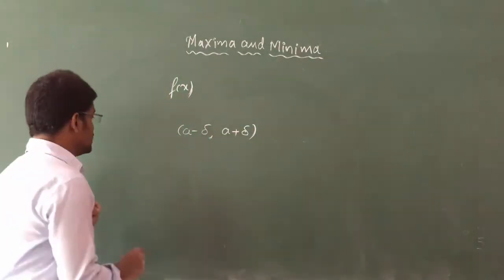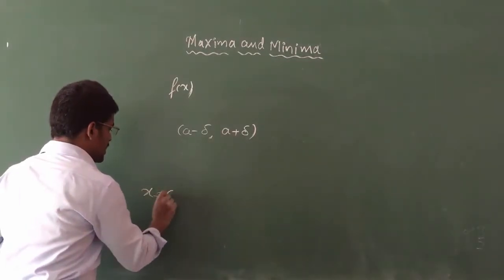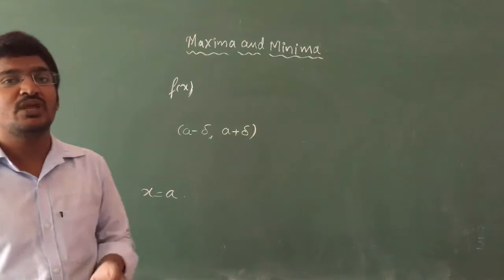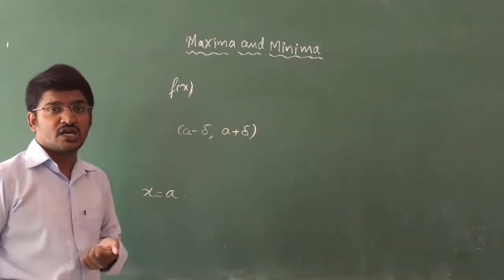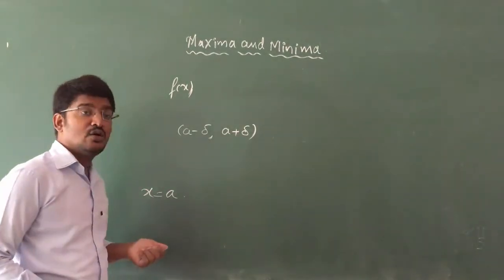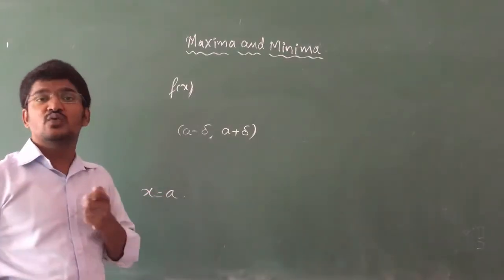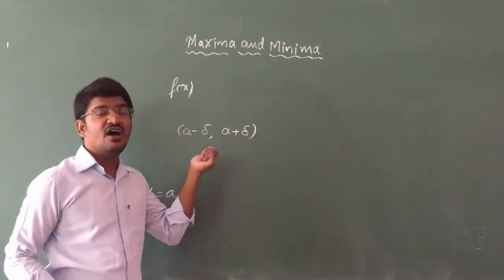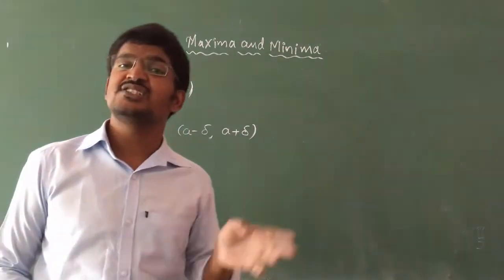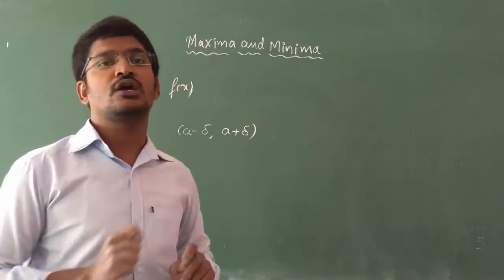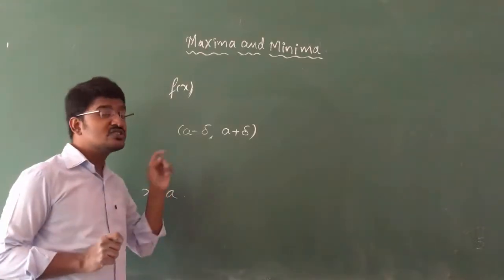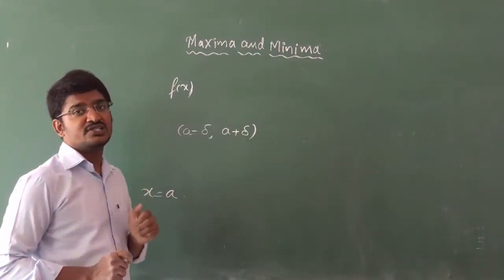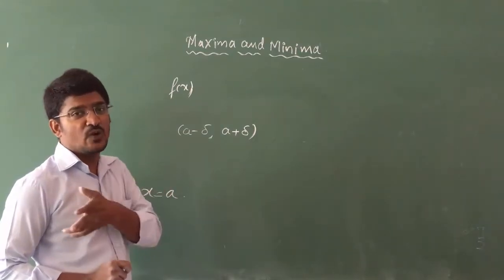That means if x equal to a, at this point, is it going to attain maximum or minimum, that I want to check. So then how to check? For this value of x equal to a, you should create a neighborhood a minus delta, a plus delta, where delta is approximately equal to 0 term. Clear? This is approximately 0, I am telling, no problem. But that approximately 0 means I think you are understanding what is the meaning of approximately 0.